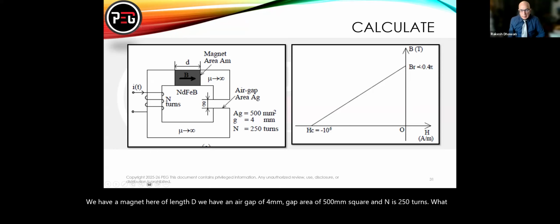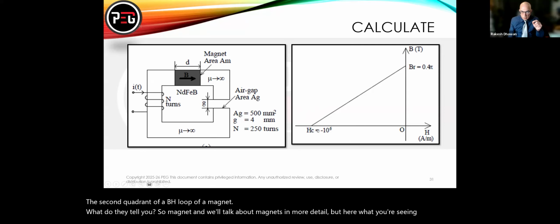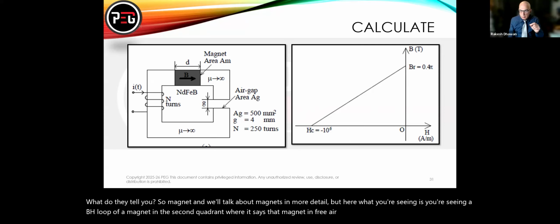What you see on the right-hand side is the second quadrant of a BH loop of a magnet. Now, what does it tell you? We'll talk about magnets in more detail, but here you're seeing a BH loop of a magnet in the second quadrant, where it says that the magnet in free air is going to give you a flux density of 0.4 pi Tesla.